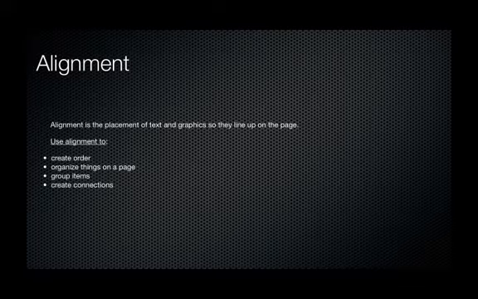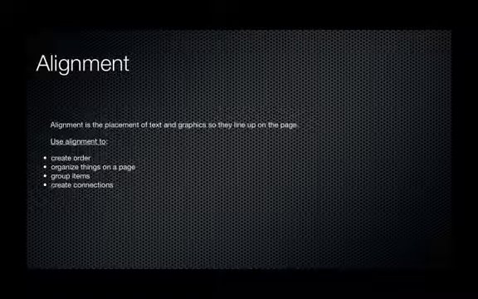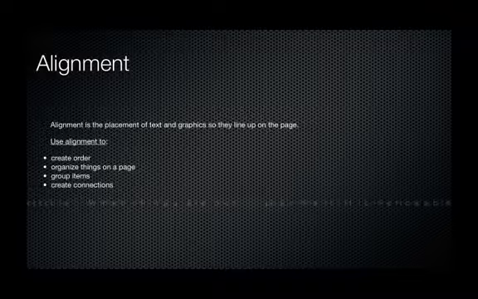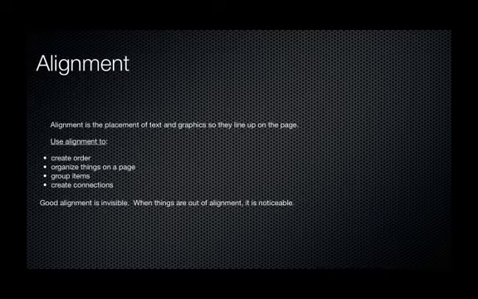Right now, with my list here, 4 bullet points, because they are aligned together and grouped together, we look at that and visually know that they are connected. If I had each one of these bullet points on random areas of the screen, we might not get that they are connected. Also, good alignment is always invisible. We don't even notice it's there. But when things are out of alignment, we definitely notice.